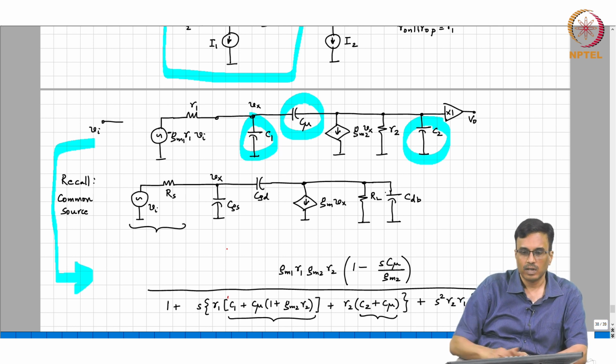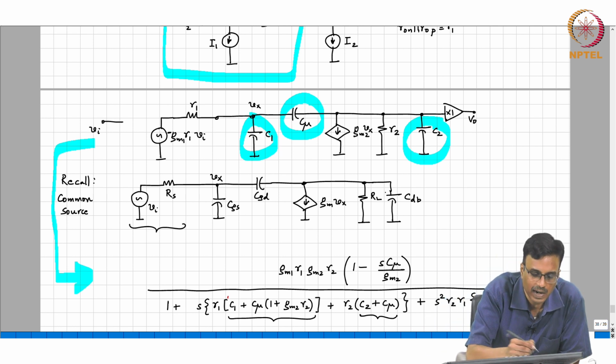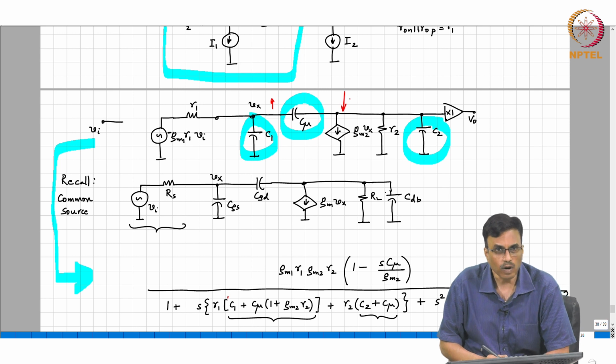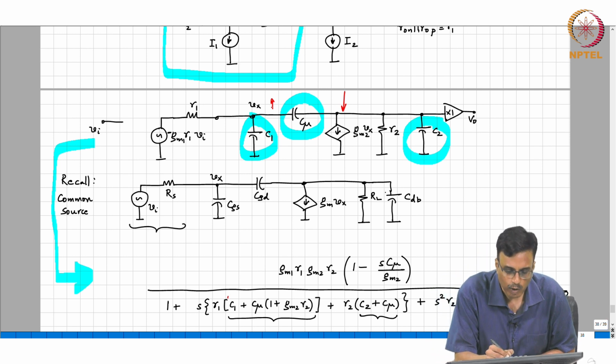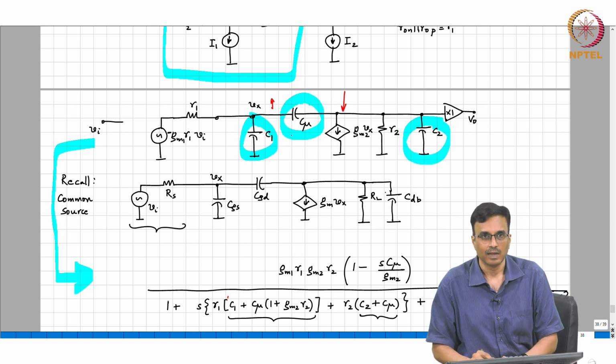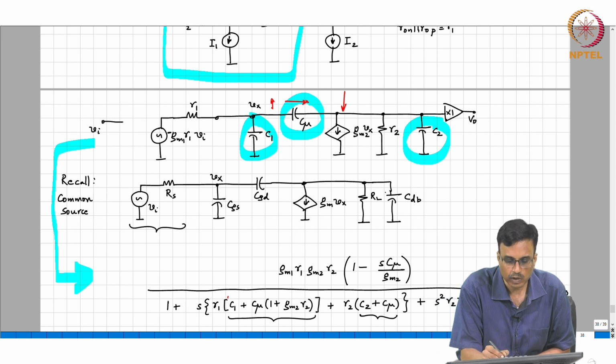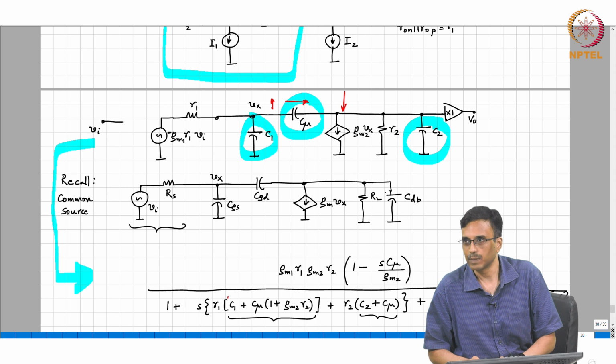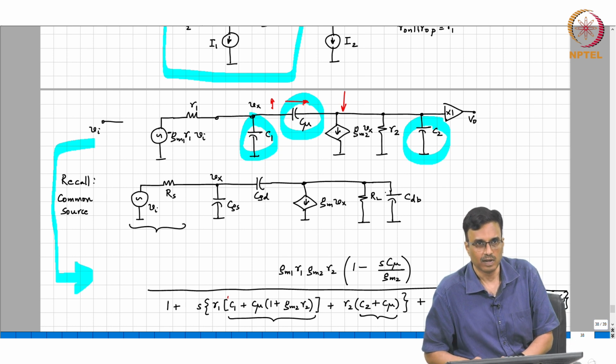So the basic principle behind the Miller effect is that if this goes up, this is going down by a large factor, and therefore even though you are putting only a small capacitance, the amount of current that's flowing through C mu is multiplied by this 1 plus GM2 R2 factor, right.